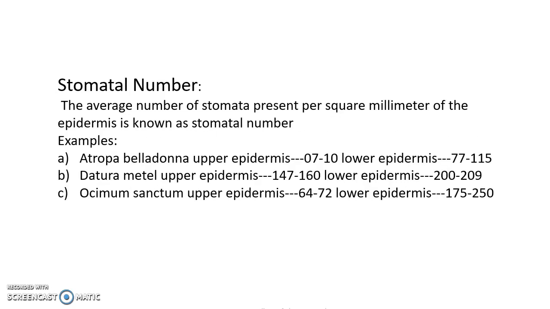Now, stomatal number. The definition of stomatal number: the average number of stomata present per square millimeter of the epidermis is known as the stomatal number. For example, Atropa belladonna, upper epidermis, contains 7 to 10 stomata, lower epidermis 77 to 115.